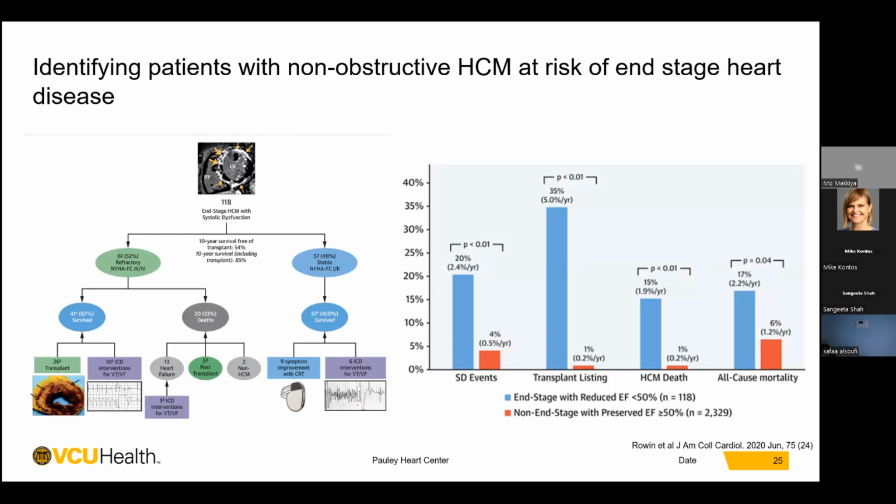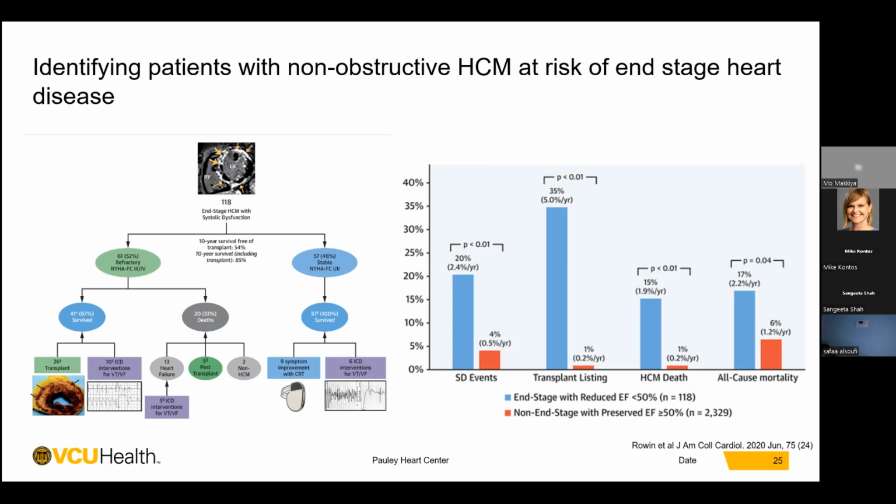In this study done at Tufts University that showed HCM patients, when the EF dropped to less than 50%, it is associated with a 6-fold increase in sudden cardiac death from ventricular arrhythmogenic events. We also see that patients had worsening symptom progression, and it is associated with higher mortality.